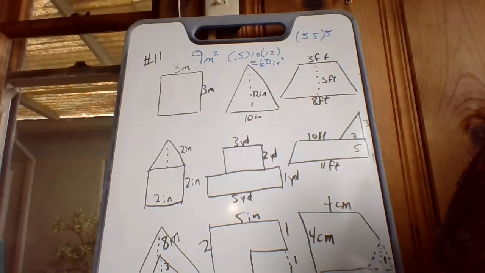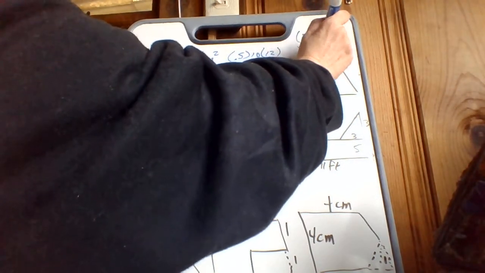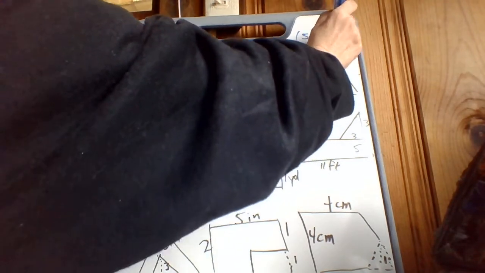The average base times the height. That's really what the formula tells you with the 1/2 times B1 plus B2. That's just averaging them, and then you multiply by the height. Which comes out to be 27.5 feet squared.